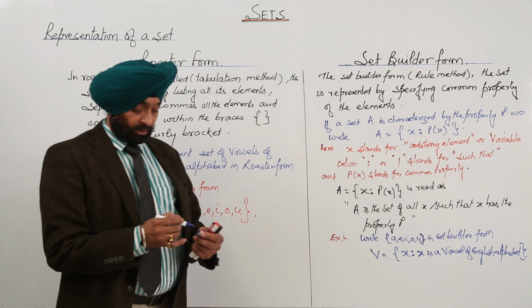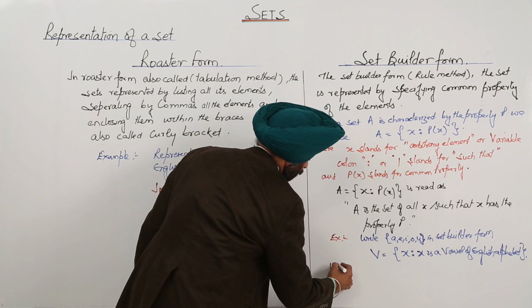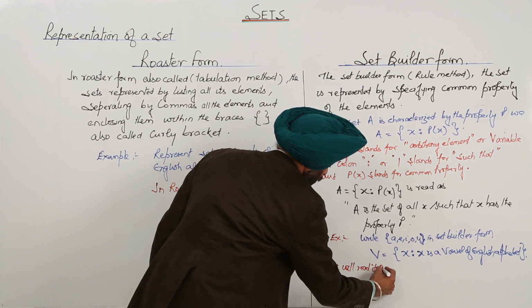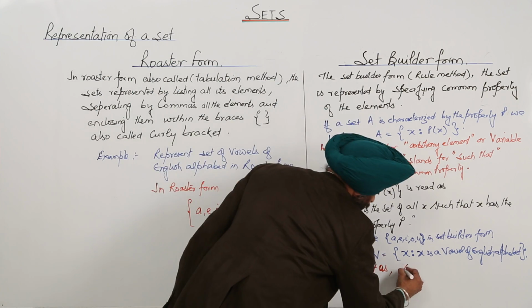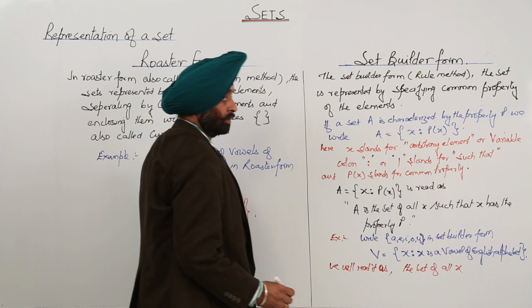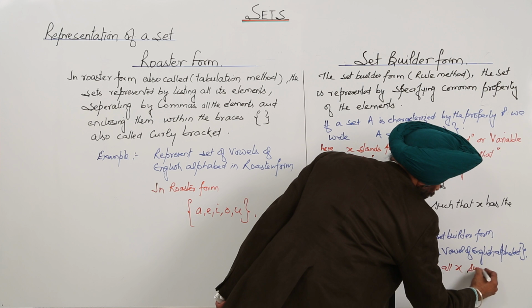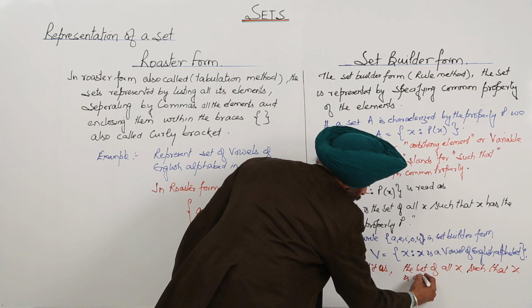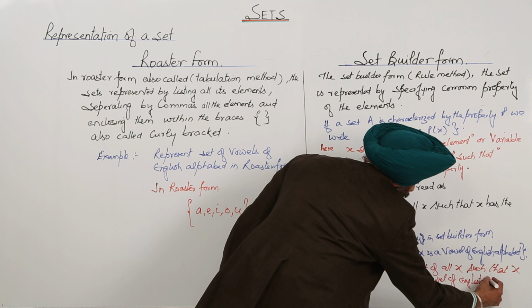Now how will this be read? We will read it as: the set of all x such that x is a vowel of English alphabet.